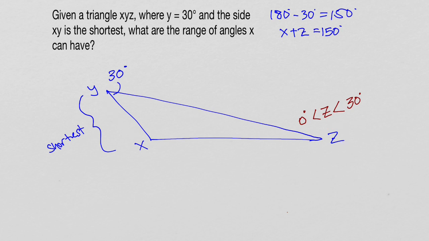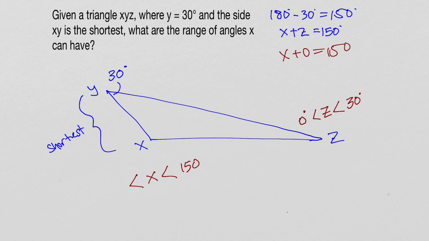Great. Now we are left with just burning up the values that will give us X. What I mean by that is, X is going to be between its max value, which would be less than 150, because 150 minus 0, if Z were 0 in this case, then X is 150.